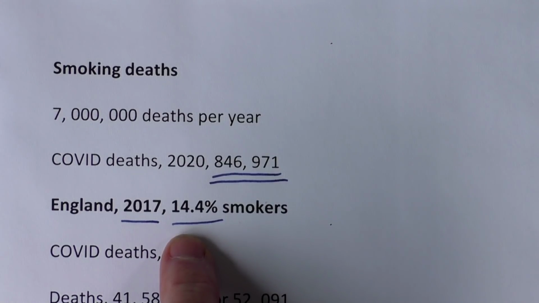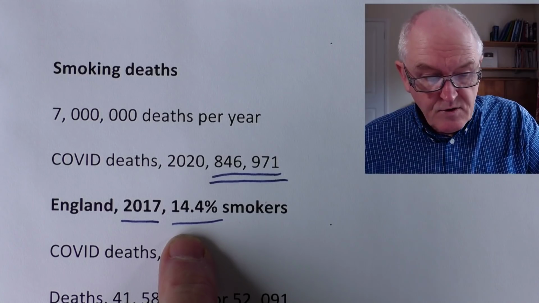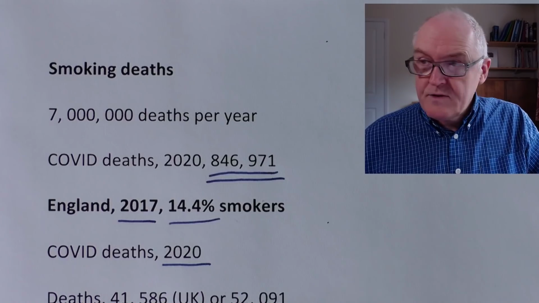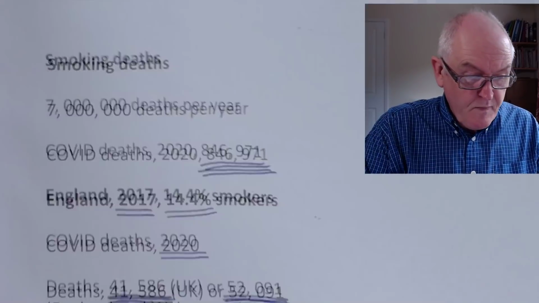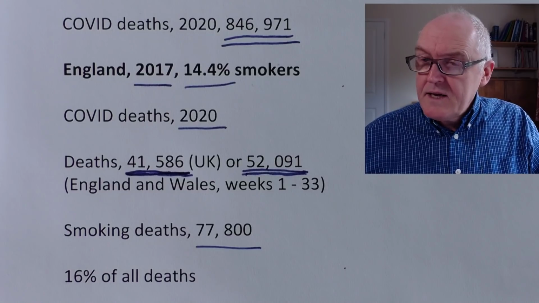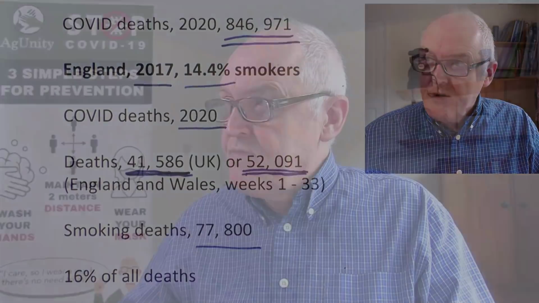So at the moment it's 14.4% of the population smoking, and yet still, because of the excess smoking that used to occur. I mean, in 1950, when the medical journals first published the information on smoking and lung cancer, 80% of the male population in the UK smoked. 80%.